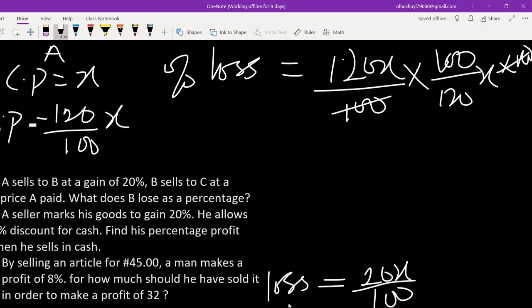This and this will go. So the percentage loss can be equal to what? Following the calculation we had, you should have something more presentable.